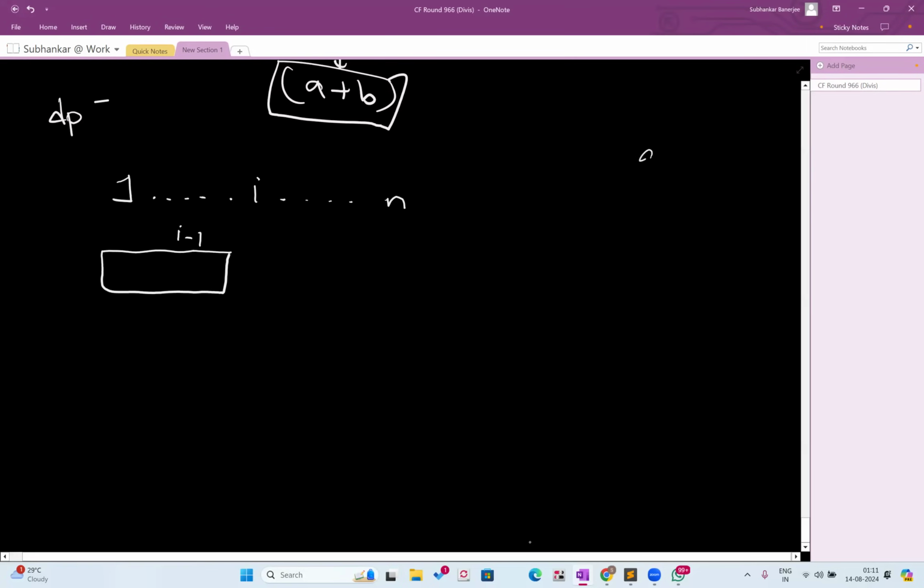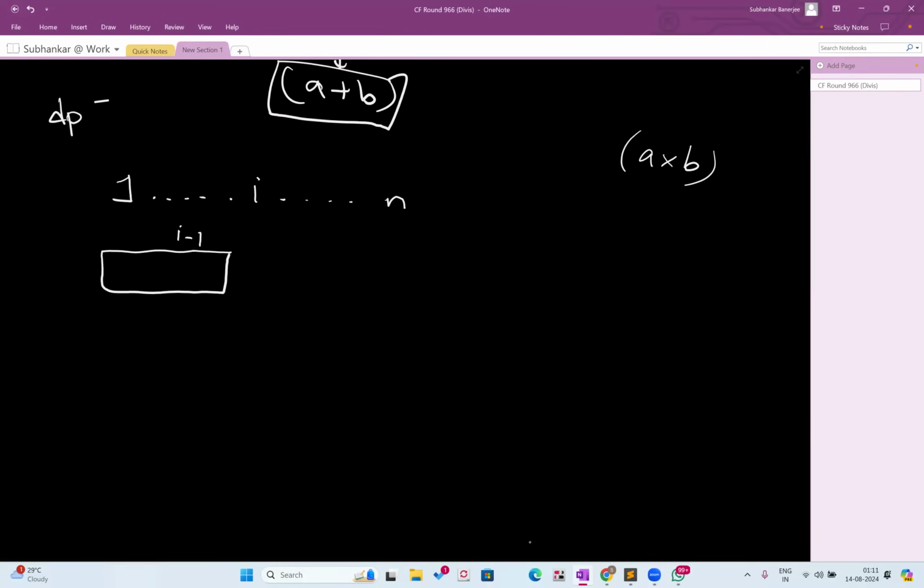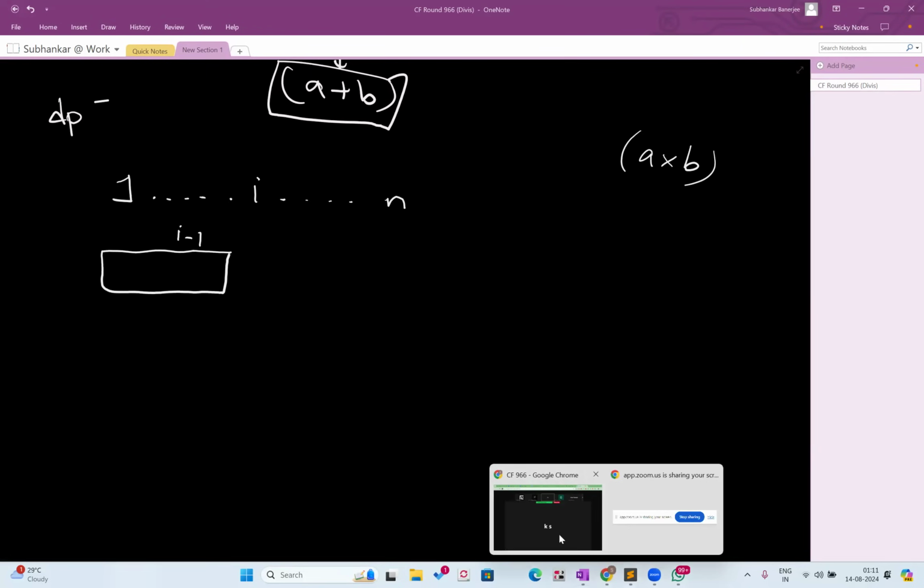Length and breadth. Yes. So sort the rectangles by row first, and if there is a tie, then by column. So you are sorting by length of the rows, right? Yeah. Okay, but I should show you an example.